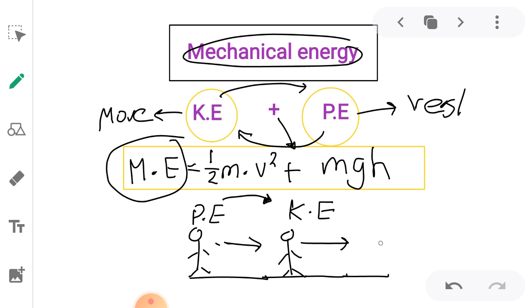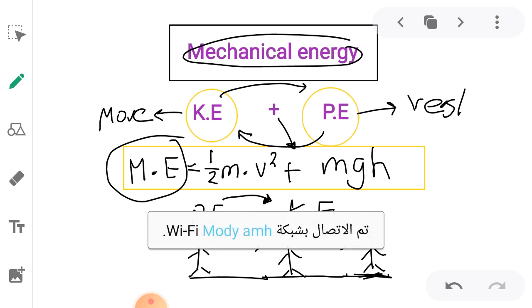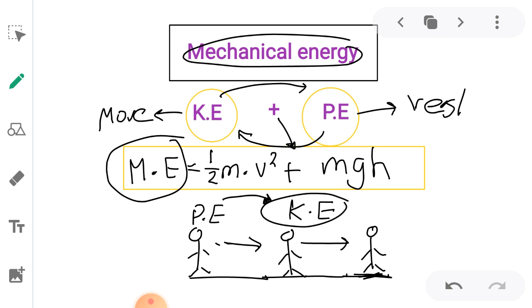Then after he moves, he's going to stop again. So the kinetic energy is going to transfer again to potential energy, and so on. So energy is not created and not destroyed, but it changes from one form to another form.